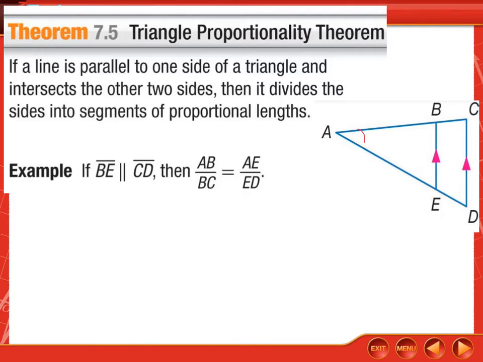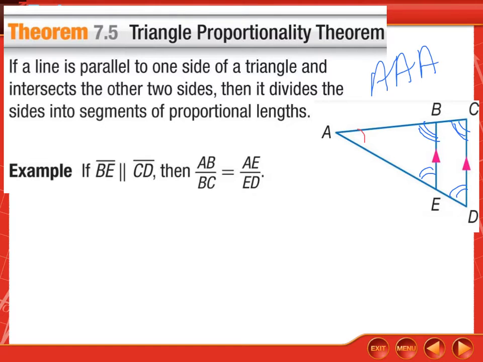And if these two segments here are parallel, then these angles are congruent because of corresponding angles. And either third angles or corresponding angles, these two angles are congruent. So therefore, by angle, angle, angle, the small triangle is similar to the big triangle surrounding it. So let's take a look at some segments here.